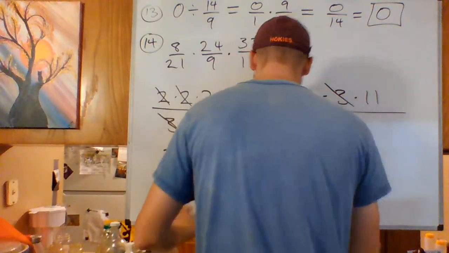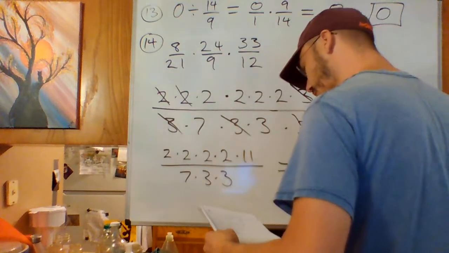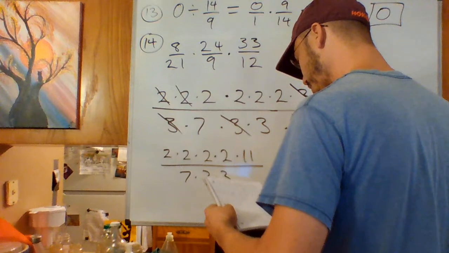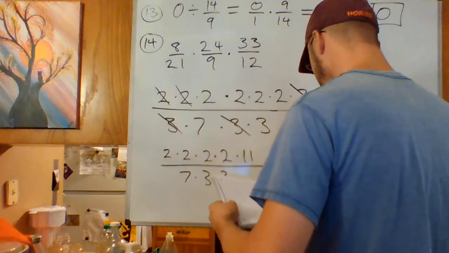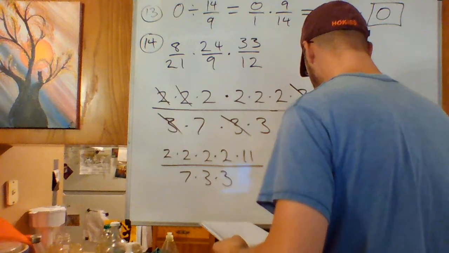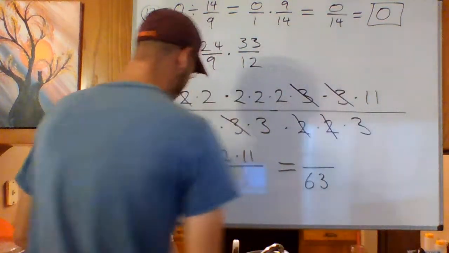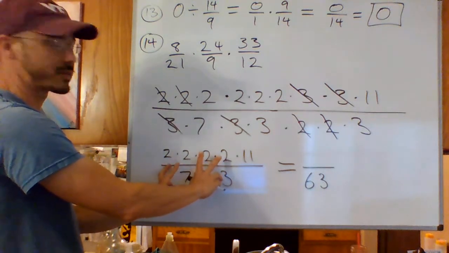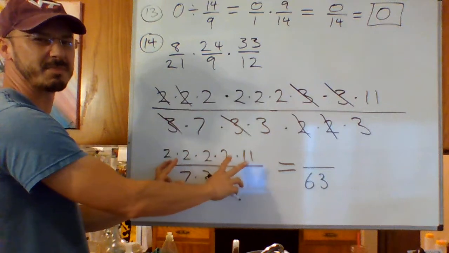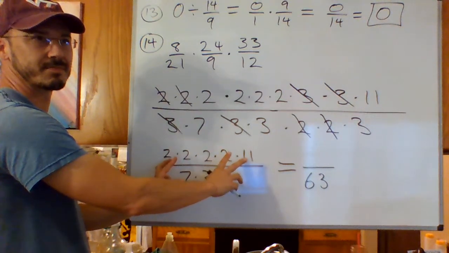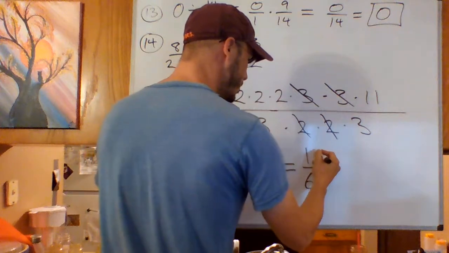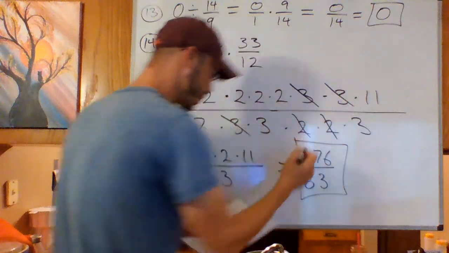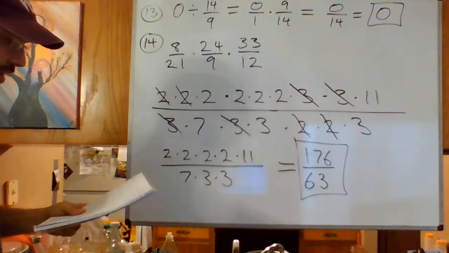This is it, and I want to write that number as it comes out to, well, 7 times 9 is 63. 2 times 2 times 2 times 2 is 16, 4 factors of 2. 16 times 11 is 176, I think. I didn't write that down in my solution here, but I think that's correct.